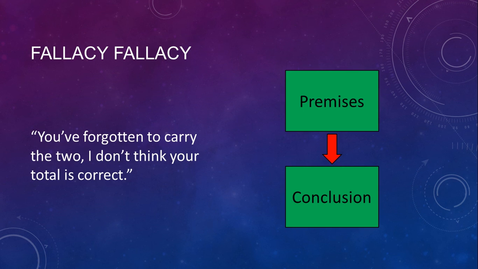Yeah. But forgetting to carry it doesn't necessarily mean that the total is incorrect, right? It could be that the 2 is irrelevant for counting the total, which means it could still be correct. Okay, so if it's in like the 8th decimal place and then you round it off to the 2nd, it just gets missed or something like that. Okay.